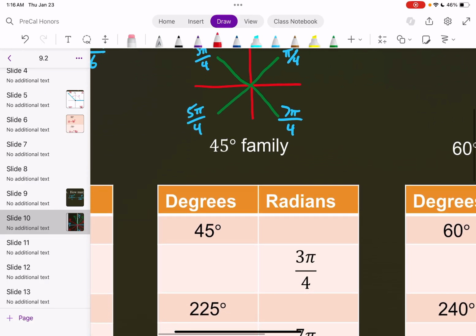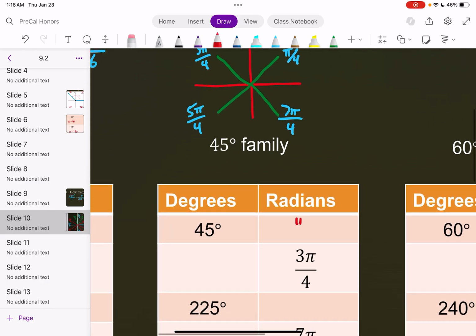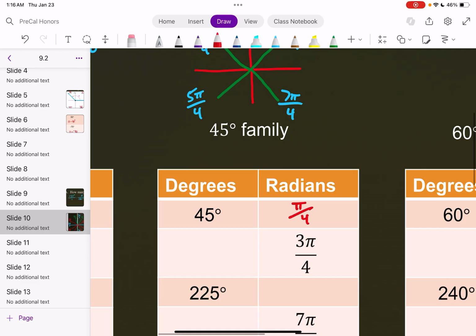Our 45 degree angle would be pi over 4. 3 pi over 4 would be a total of, correction. From our 45, we would go 3 pi over 4, which would give us up to 135.